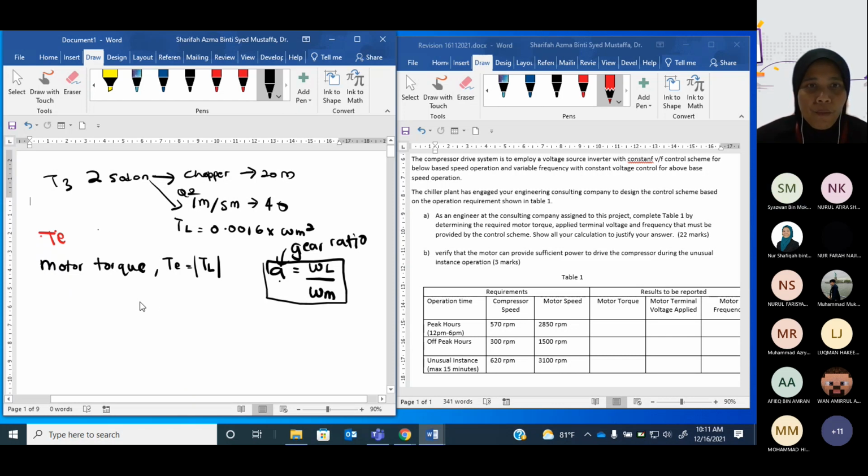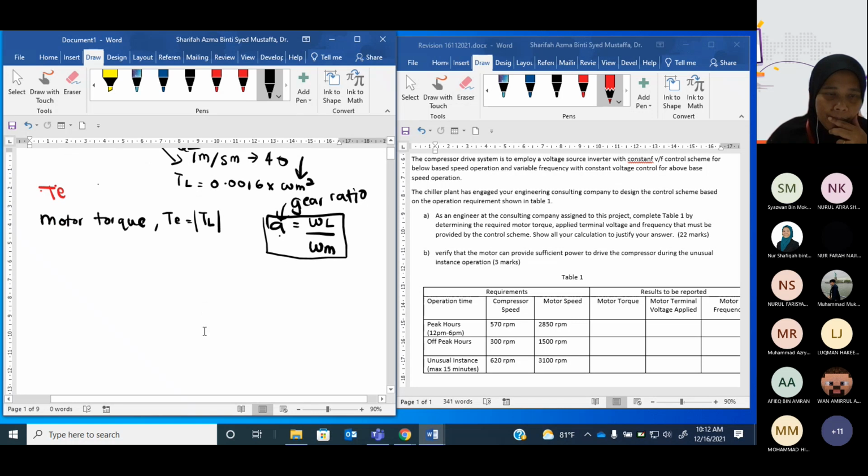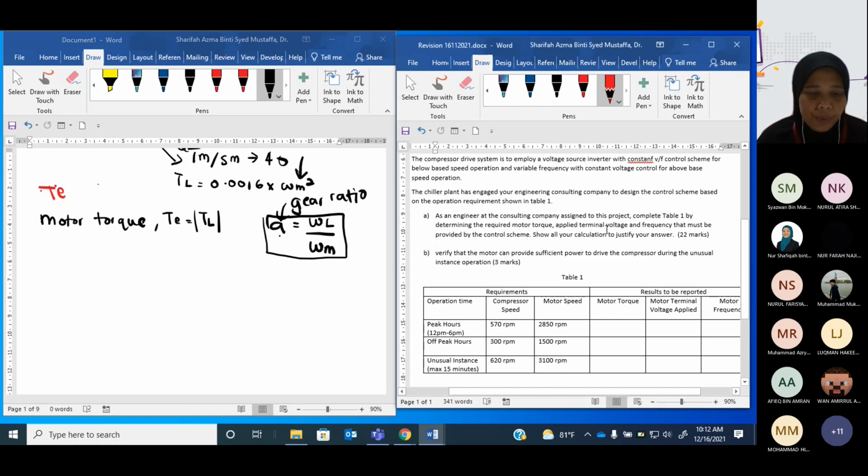Okay, so next. Apa nak buat? So this omega M is this, which speed you want to use? You want to calculate for the torque. Speed mana yang nak guna? Rated. Okay.